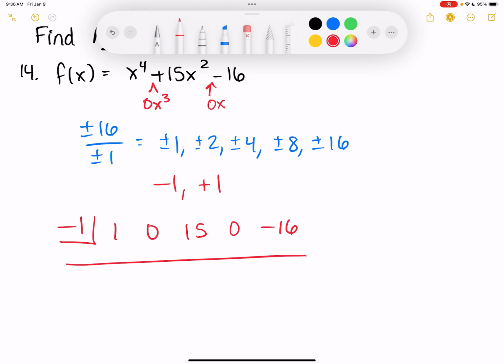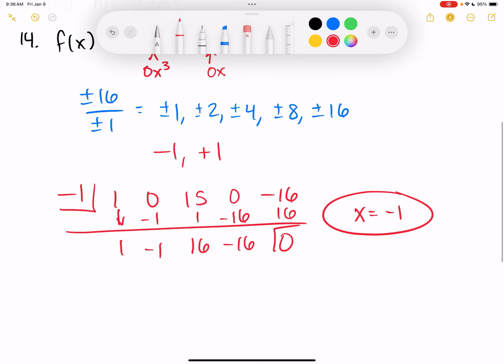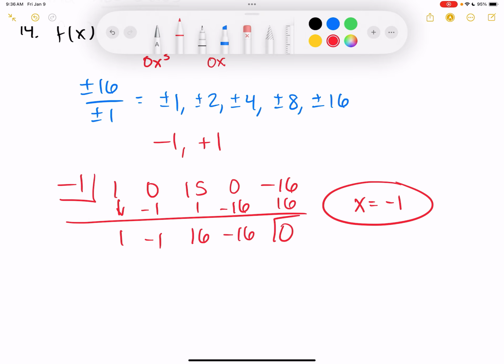So do synthetic division on that. Once you've done that one, use the numbers left at the bottom, not the 0, to do the next one.